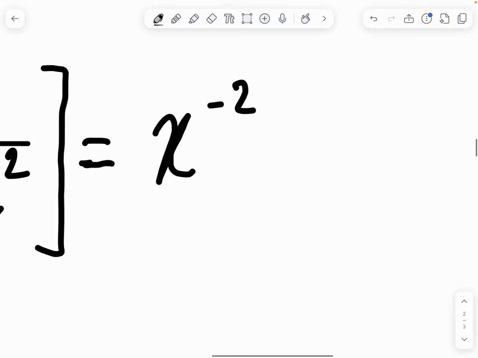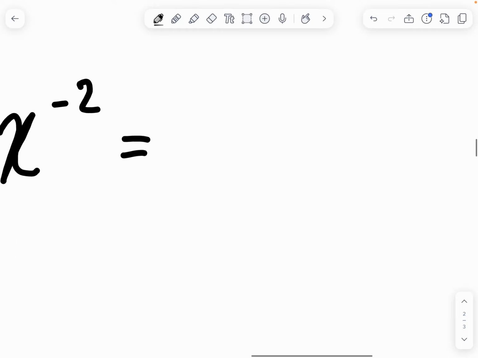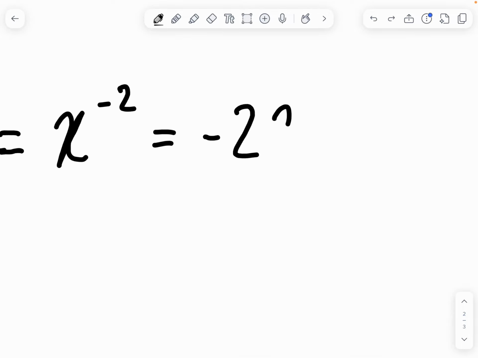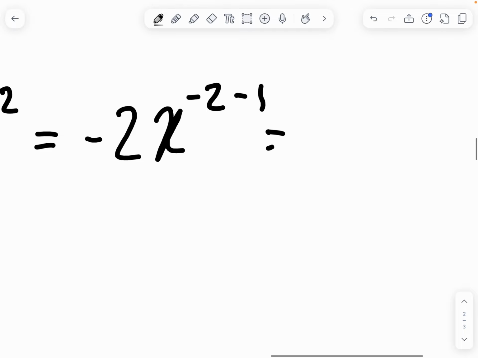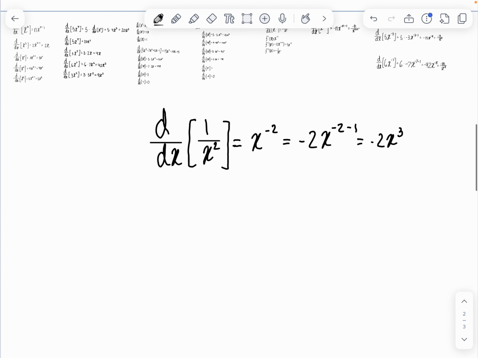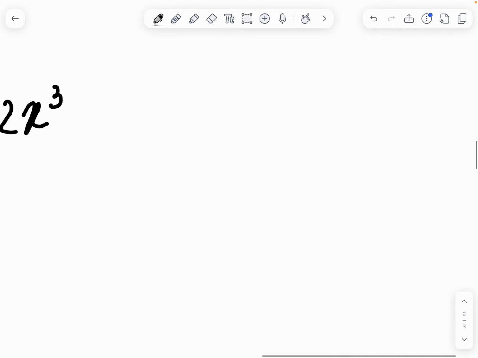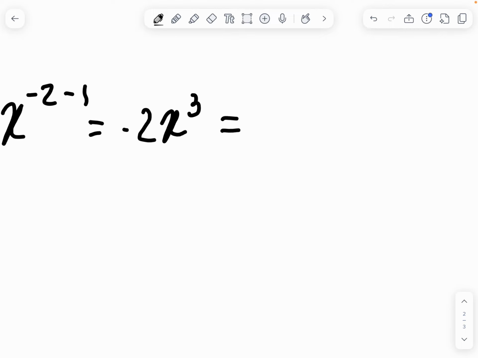And what happens is -2 times x to the power of -2 minus 1. So we end up getting -2 times x to the power of -3, which equals -2 over x cubed.